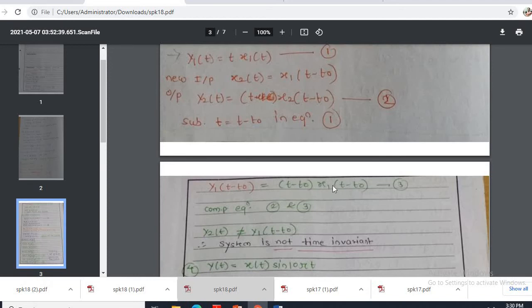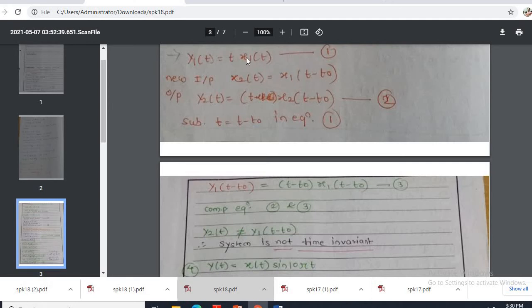Now you may have a doubt: why have you not changed this t, why have you kept this t as it is? See, whatever is our input, that only we have changed to t minus t0.